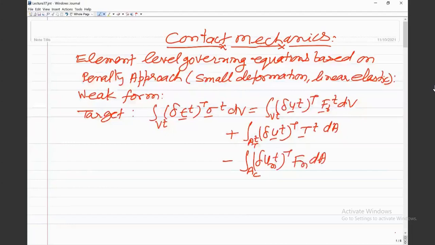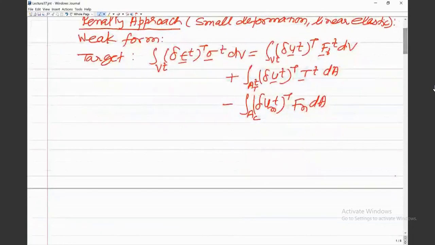Now in the penalty approach, we are going to make use of this condition whether there is a gap between the bodies or there is an interpenetration. So in the penalty approach, Fn will be equal to 0 if G, the gap, is greater than 0. You remember, we have already talked about how to calculate G.